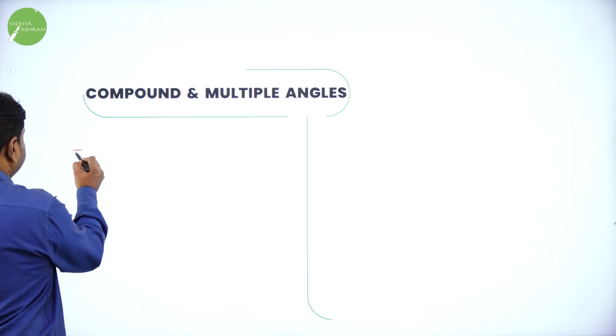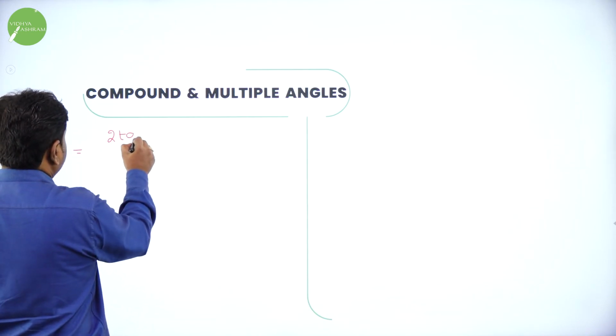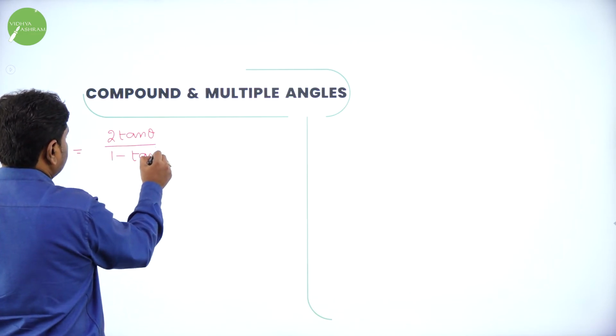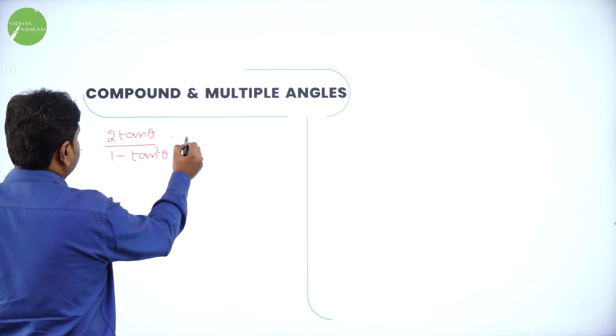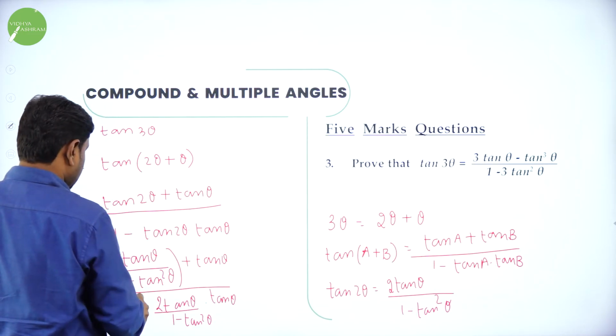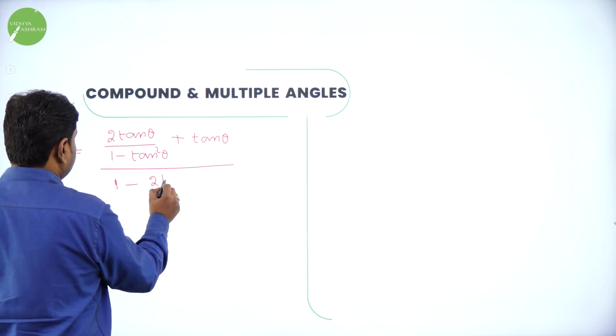Now further, 2 tan theta divided by 1 minus tan square theta, then we have plus tan theta, whole thing divided by 1 minus 2 tan theta by 1 minus tan square theta.